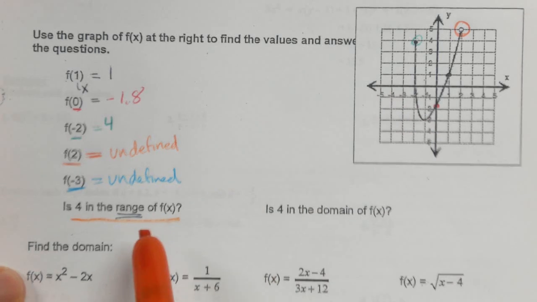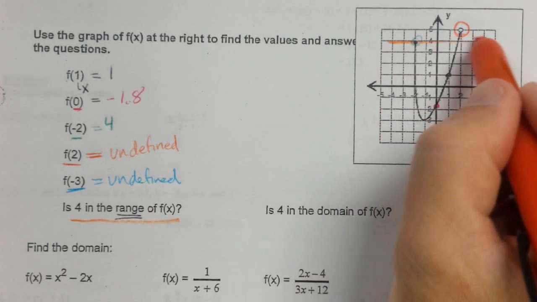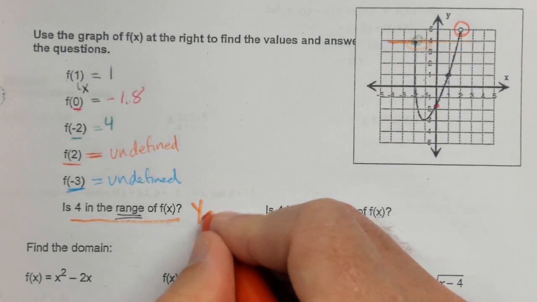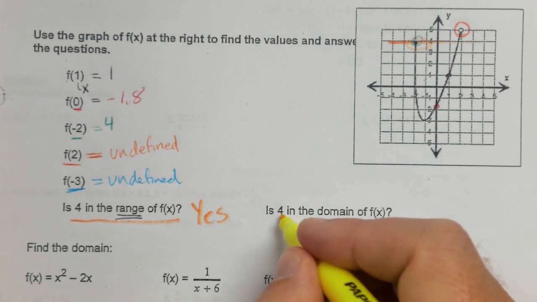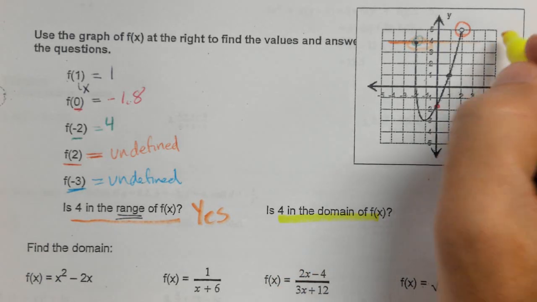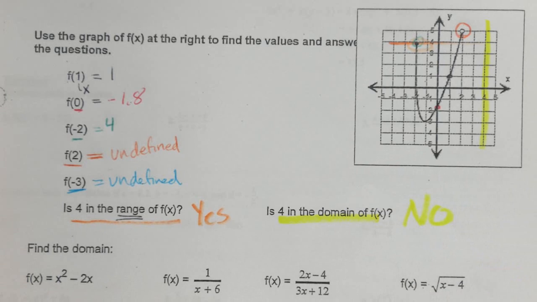So is the y value of 4 covered? Yes. Right there. Is 4 in the domain? No, because that would mean an x value of 4, and there's no x's of 4, so that's a no.